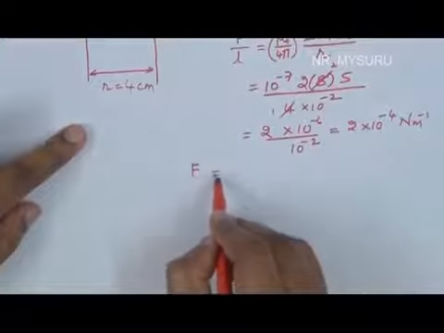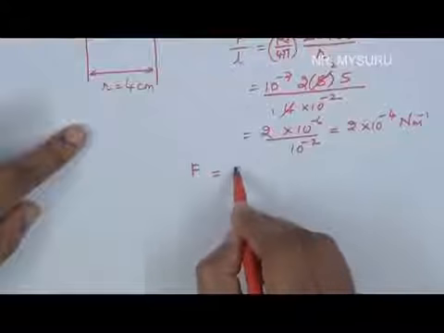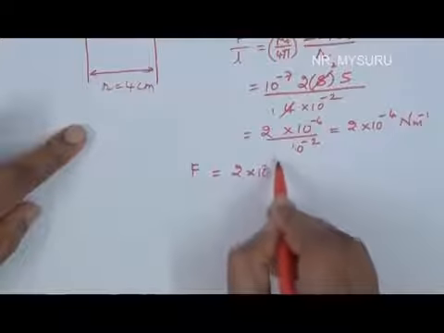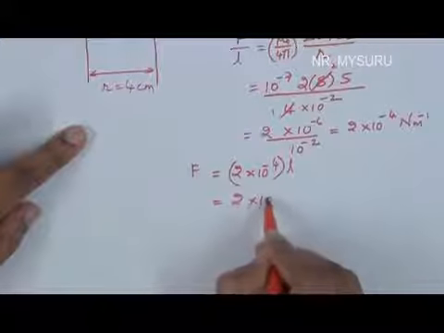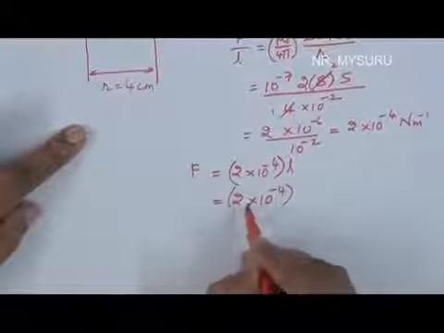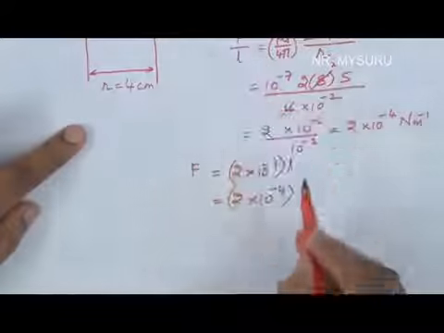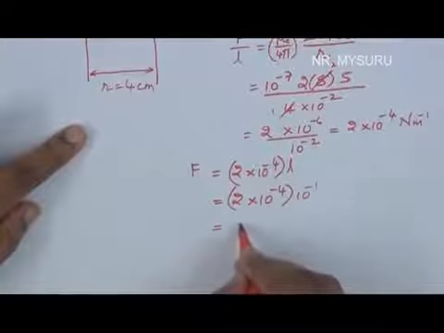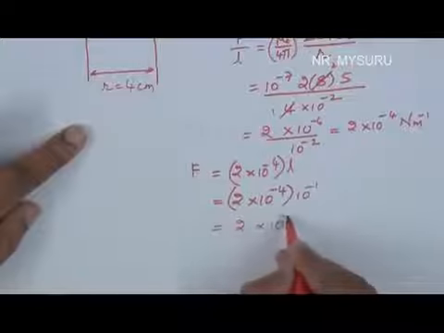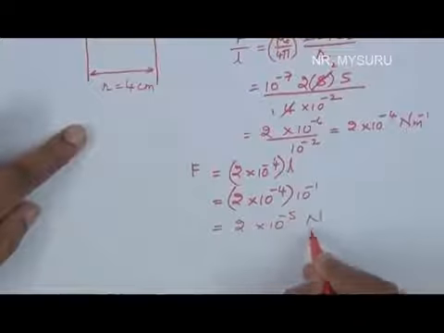Therefore force equal to 2 10 power minus 4 into length of the conductor, 10 centimeter, 10 power minus 1, equal to 2 10 power minus 5 Newton is the force.